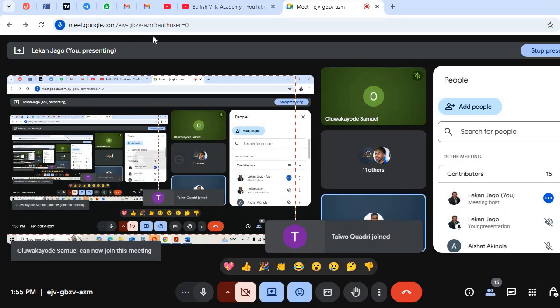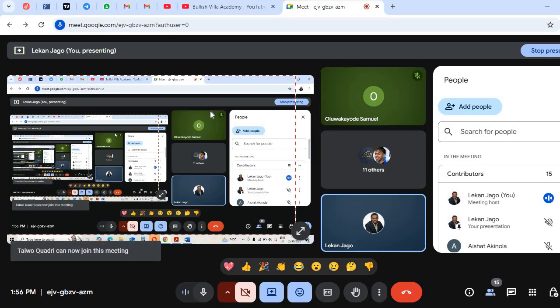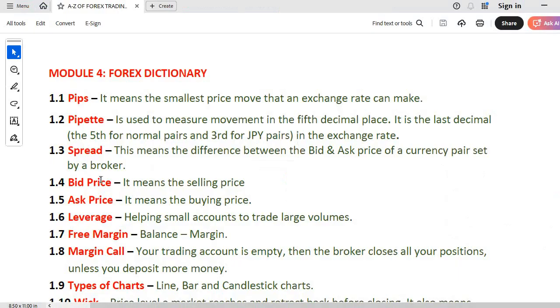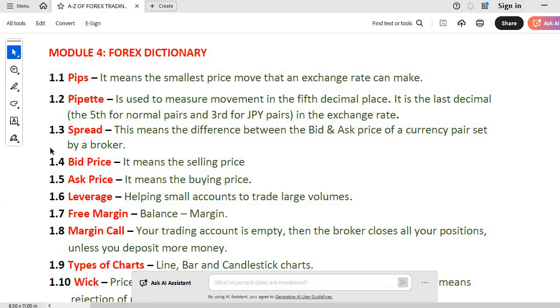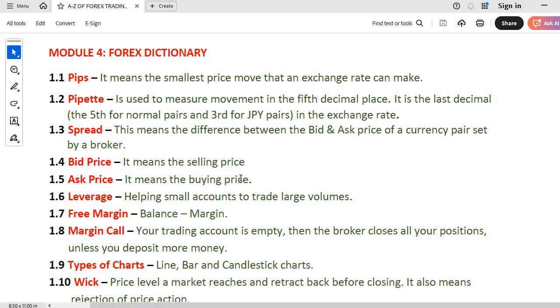So we have the bid price and the ask price, the difference between the selling price and the buying price. You can see the bid price is the selling price, the ask price is the buying price.